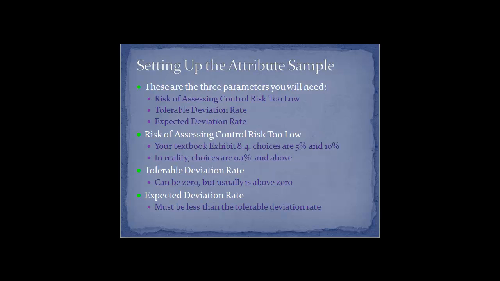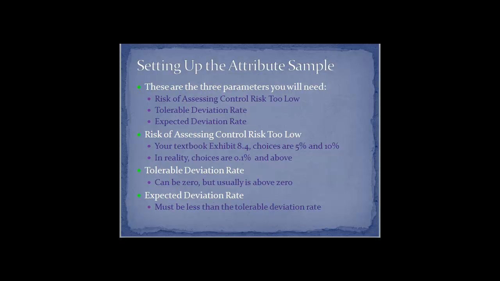So, to set up an attribute sample, what we need is basically three numbers if we're going to do statistical sampling. If we're going to do non-statistical sampling, the auditor just picks the sample size. But if we want statistical sampling, we first need the risk of assessing control risk too low.